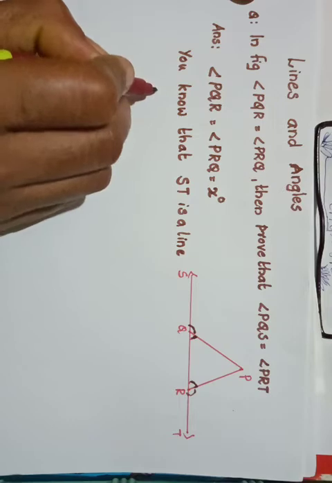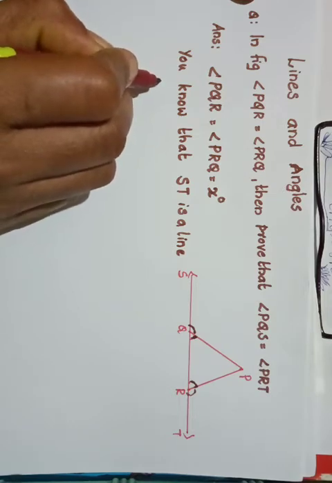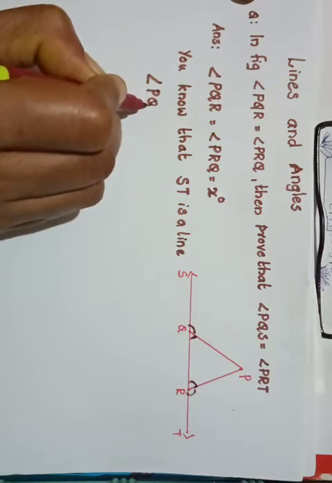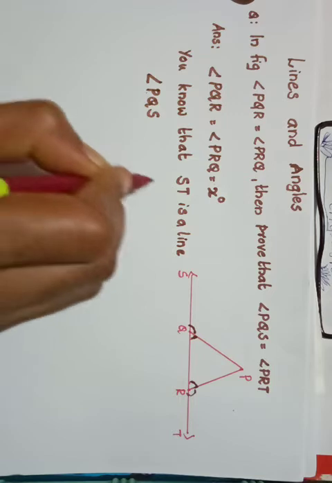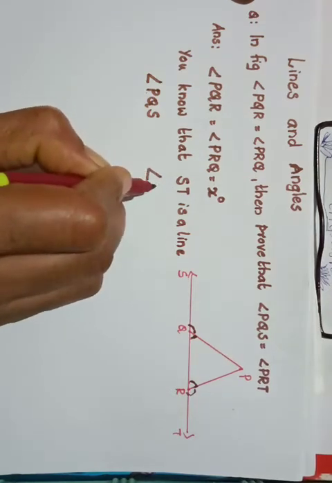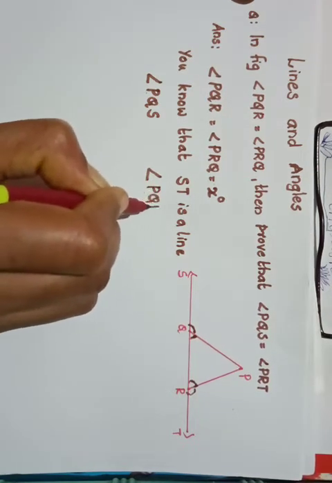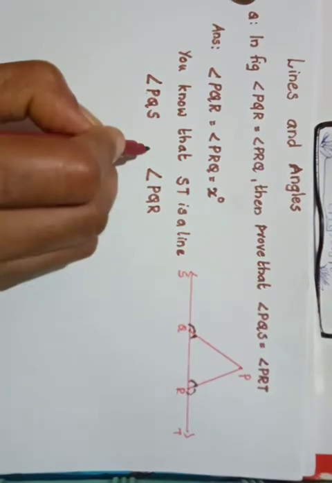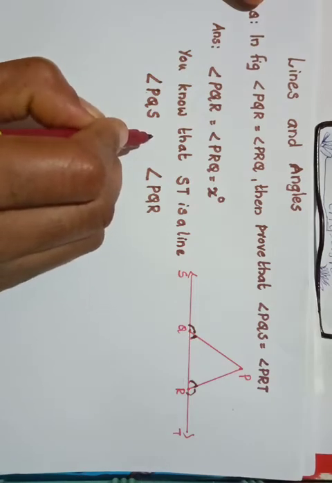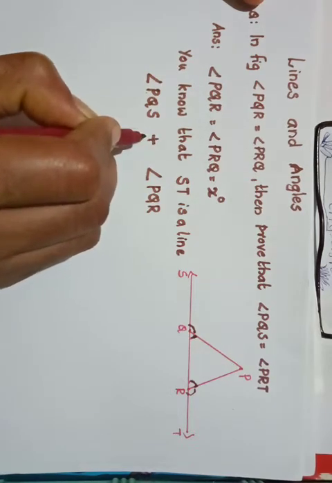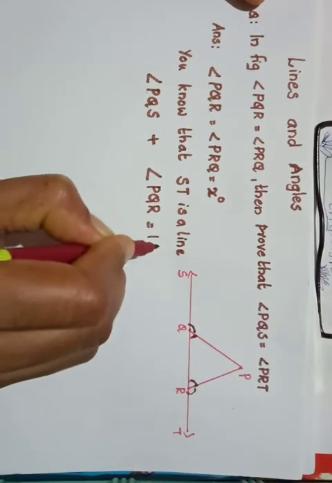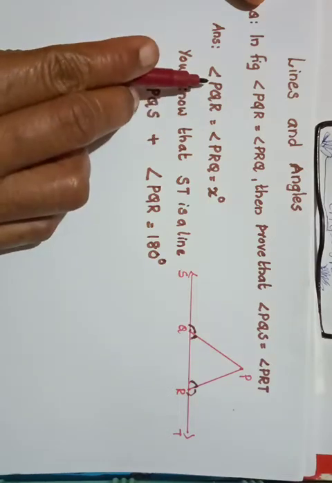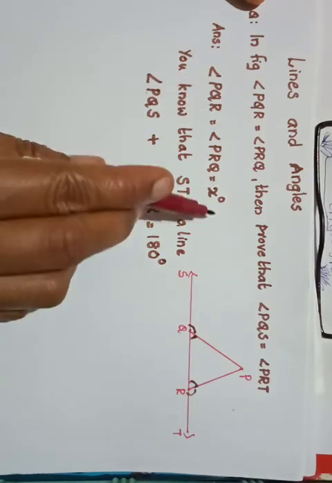Okay, so what can you say about angle PQS and angle PQR? PQS and PQR, are they a linear pair? Yes, since they are a linear pair, their angle sum is 180 degree, and you have taken angle PQR as x degree.